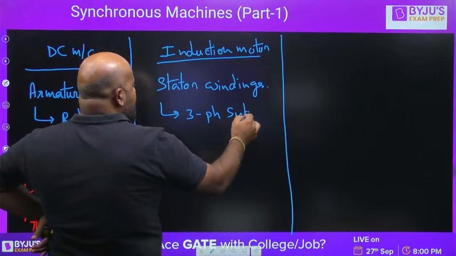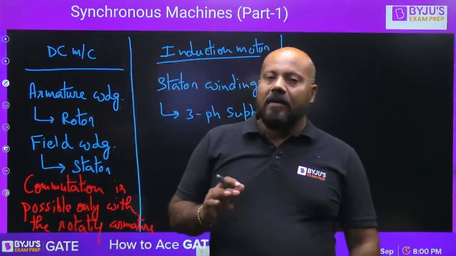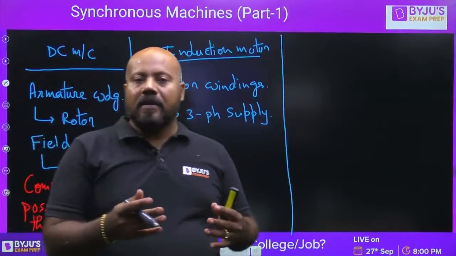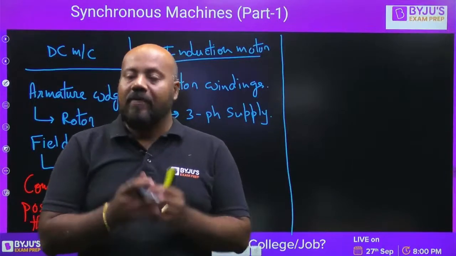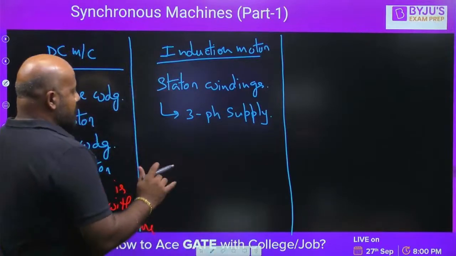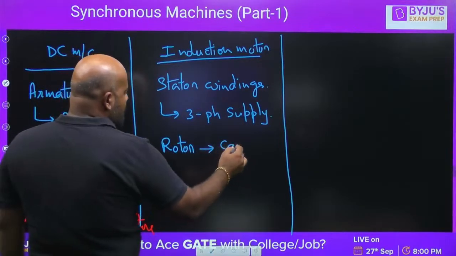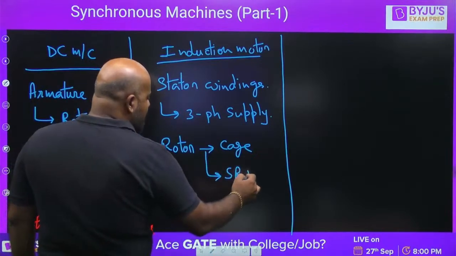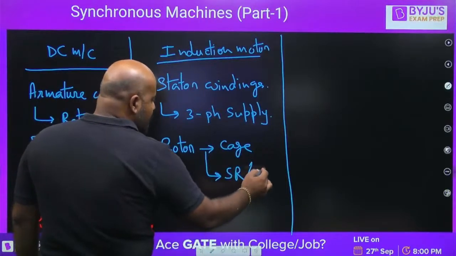In general, I am saying the stator windings are going to be connected with the incoming three-phase balanced supply, and the rotor may be a squirrel cage rotor or a slip ring or wound rotor having windings. Are you getting that? So this is also fixed. It may be a cage rotor, or a slip ring, or a wound rotor.